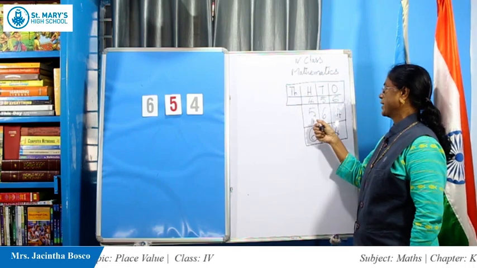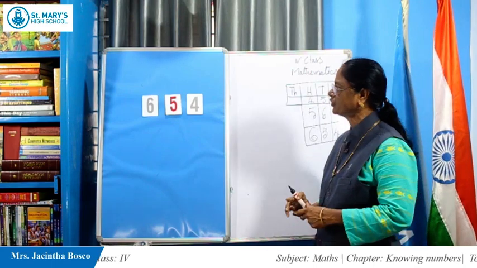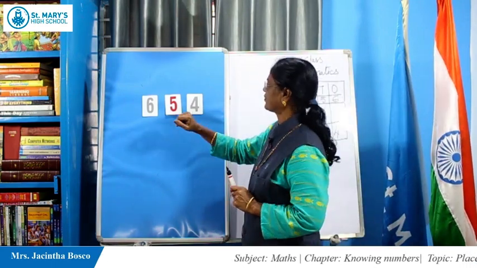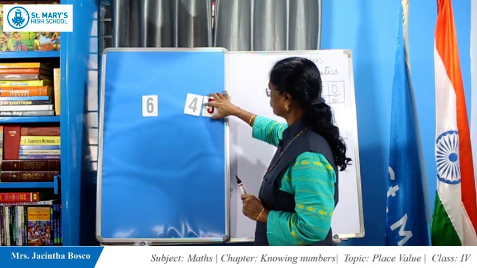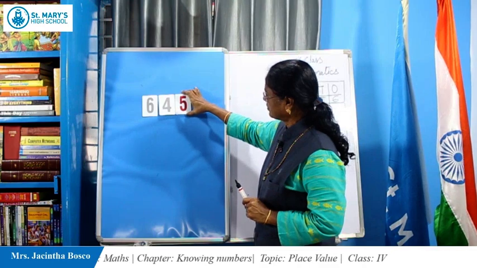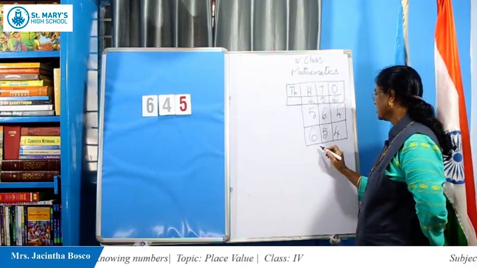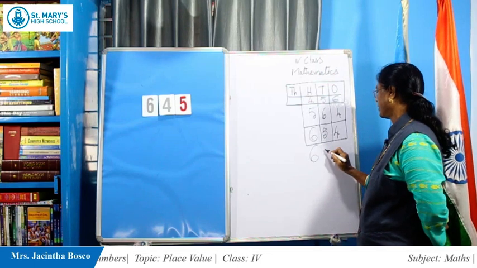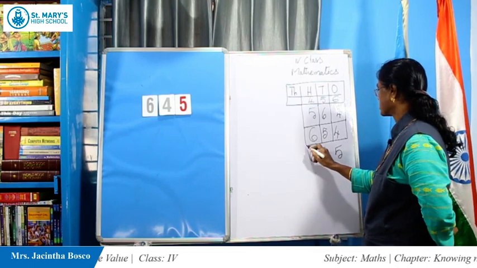456, 564, 654. Can we make it in a different way? Yes. Now I am going to bring 4 to the middle and 5 to its left. What did you get now? 645, right?